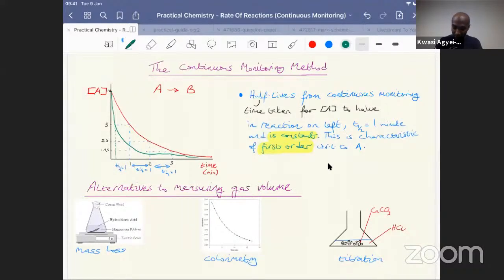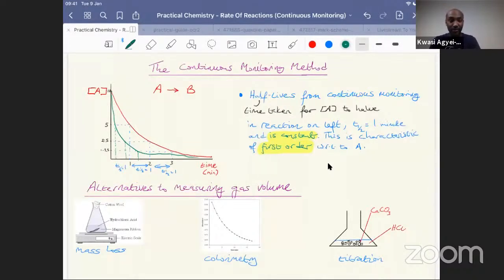And then we look at the time taken for it to halve again. So the new time is possibly about 0.8. So we've got a half-life that has gone from 0.3 to 0.5. And then if we look at the time it takes to halve again, a little bit longer than previously. So the half-life is not constant for the green sketch.